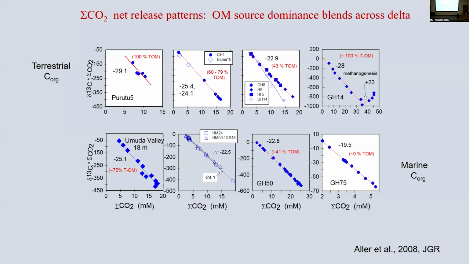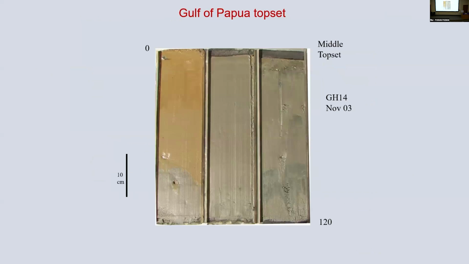As you go across the clinoform, the top set, you get a blending of marine and terrestrial organic matter. And then by the time you get into the foreset, what's driving remineralization in the foreset is relatively heavy marine carbon. So the sources are blending across.